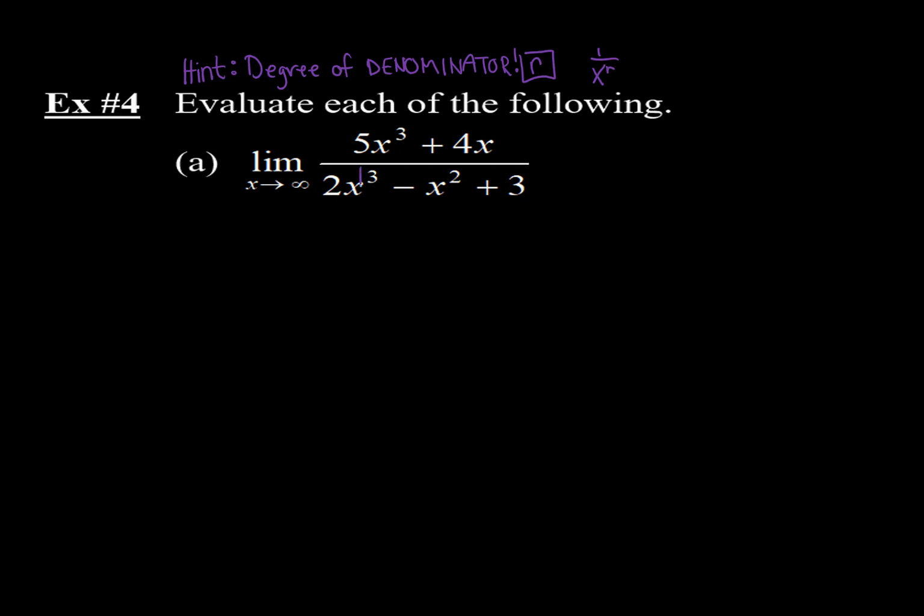So for this function, the degree of my denominator is 3. So I'm going to multiply the top of my function by 1 over x to the 3, and then I'm going to multiply the bottom of my function by 1 over x to the 3. Because if I were to plug infinity in right now, I just get a mess.